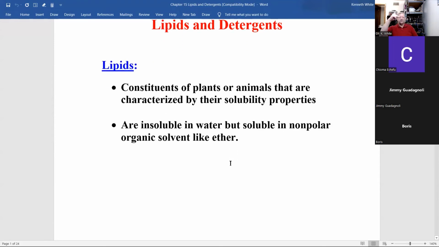They're constituents, some chemicals of plants or animals, that are characterized by their solubility. They're insoluble in water, but soluble in non-polar organic things like ether, or gasoline, or hexane. And that's called a lipid.